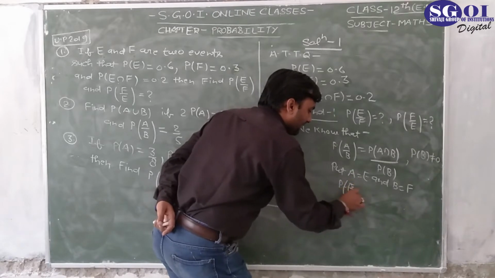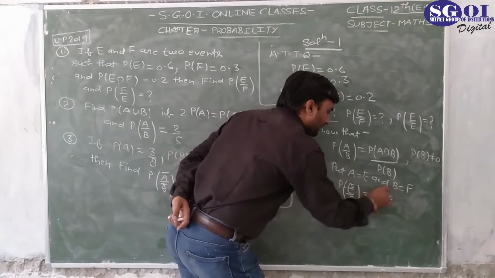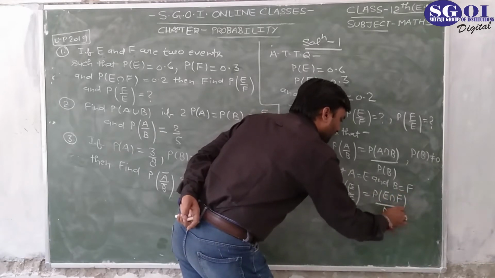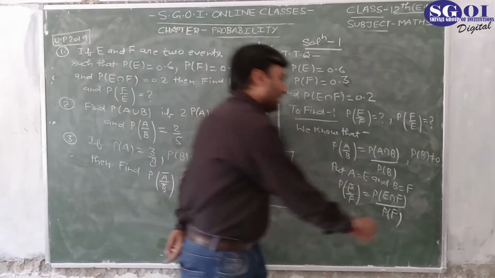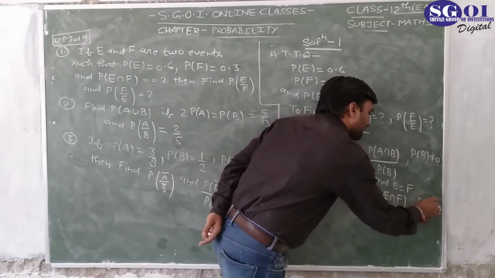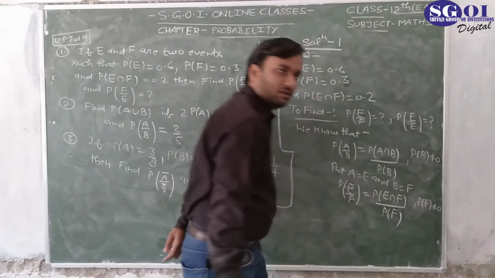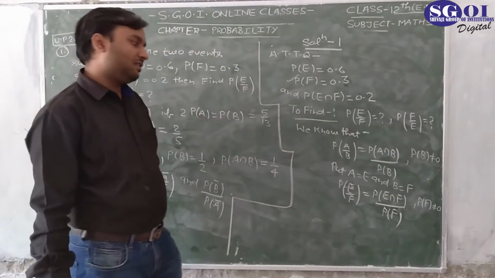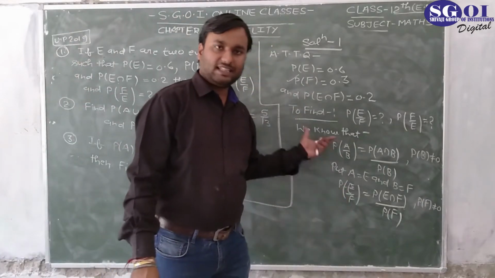Probability E by F is equal to probability E intersection F upon probability of F, where probability of F is not equal to 0. You can check that probability of F is not equal to 0, so this formula is correct for this condition.